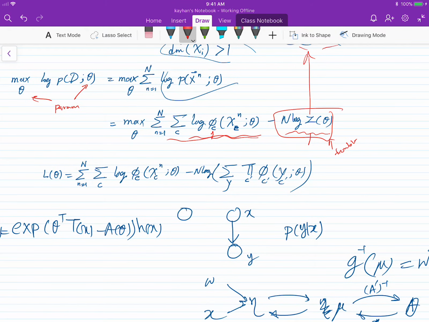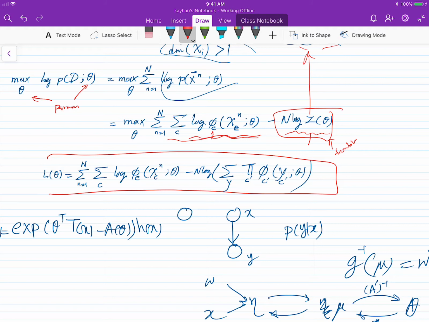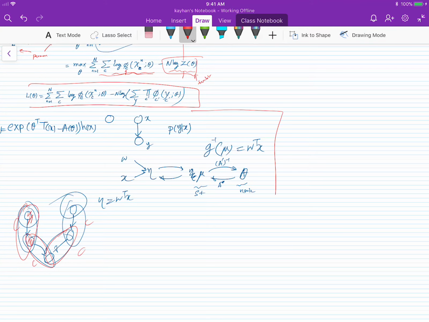Now, what we are going to do here is take the gradient of the log likelihood function. I'm going to start here because I've cluttered this area a little bit. You guys see that?